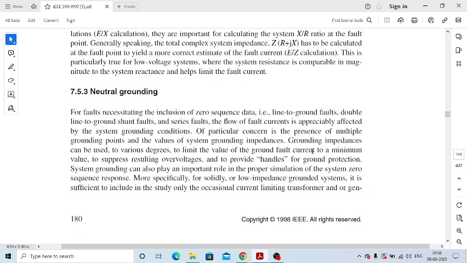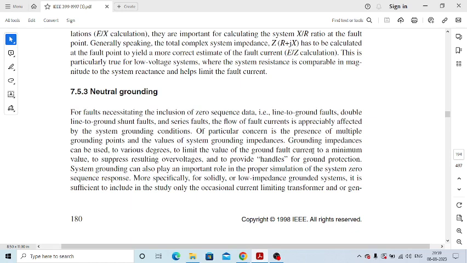Then the next one is grounding. Grounding is an important element in the power system, and it is significant in terms of short circuit current. Whenever the power system is grounded, we have to see whether it is solidly grounded.